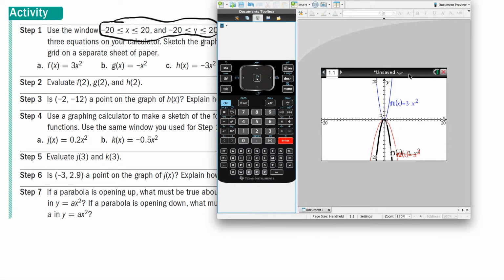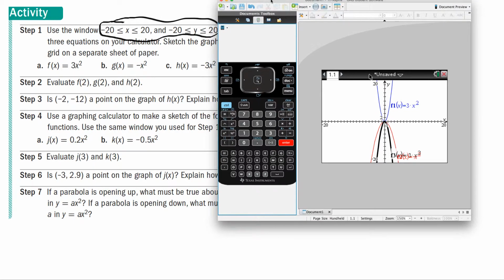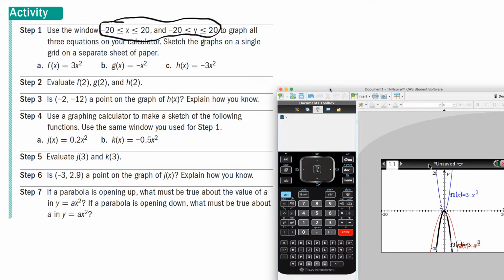And so negative 2 is on there. We know that parabolas are symmetric, and indeed we would find that it is on the graph. The graph is symmetric with respect to the y-axis, and therefore negative 2, negative 12 is indeed on the graph of h of x.